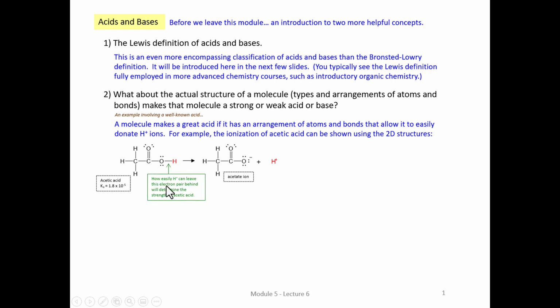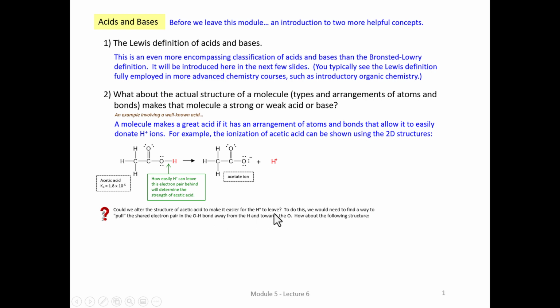Now, how easily H+ can leave will determine the strength of the acetic acid. You'll notice that once H+ leaves, it leaves that electron pair behind and a net negative charge here. One could ask the question, could we alter the structure of acetic acid to make it easier for the H+ to leave?